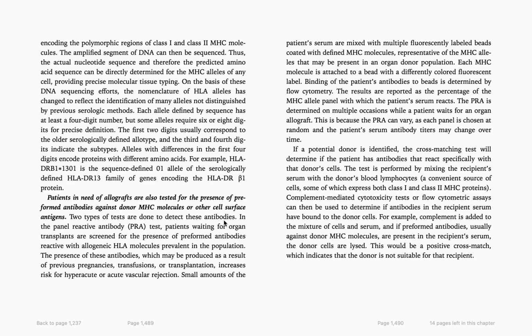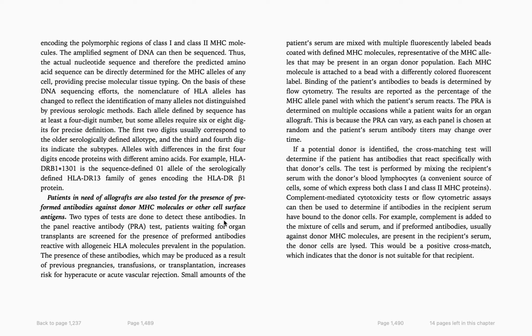The PRA is determined on multiple occasions while patients wait for organs or allografts. This is because the PRA varies as each panel is chosen at random and patient serum antibody titer may change over time. If a potential donor is identified, the cross-matching test will determine if the patient has antibody that reacts specifically with that donor's cells. The test is performed by mixing the recipient's serum with donor blood lymphocytes, a convenient source of cells, which express both class 1 and class 2 MHC proteins.